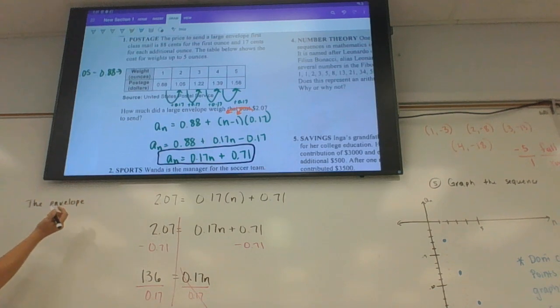I know it's a lot to fit in. Oh, you're on your notebook, so that's good. The envelope will weigh 8 ounces.